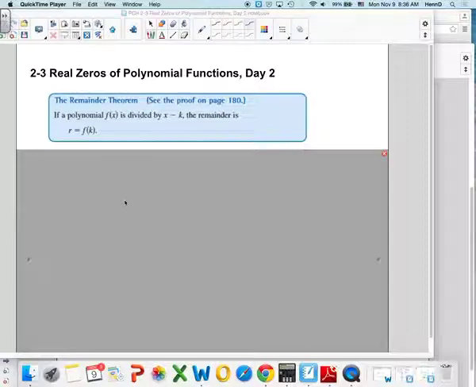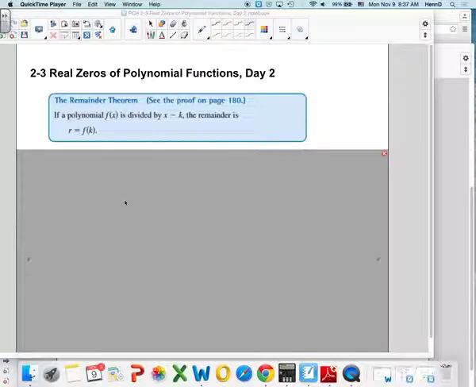The remainder theorem says this: if we divide some polynomial f of x by x minus k, the remainder is r equals f of k.